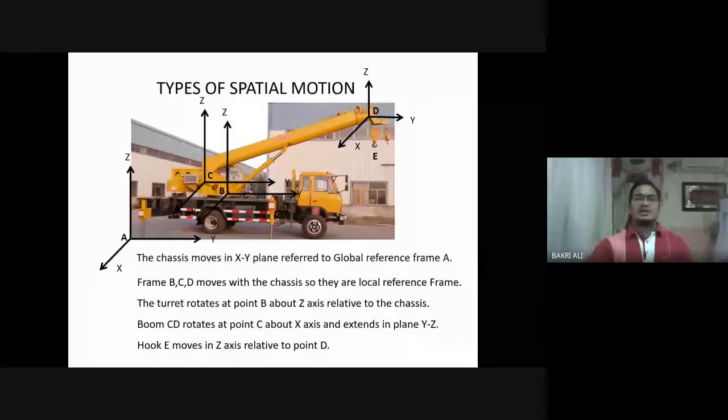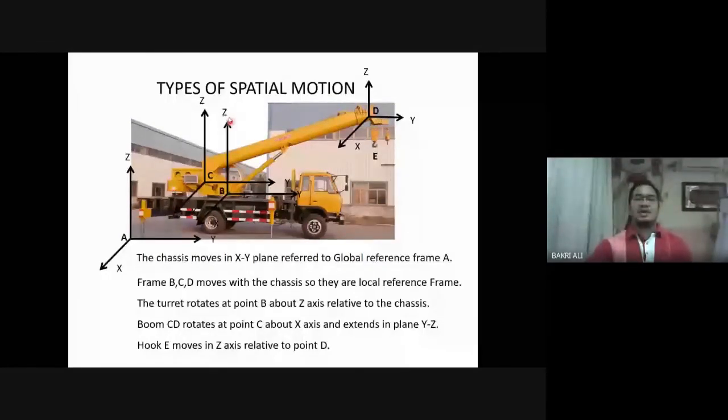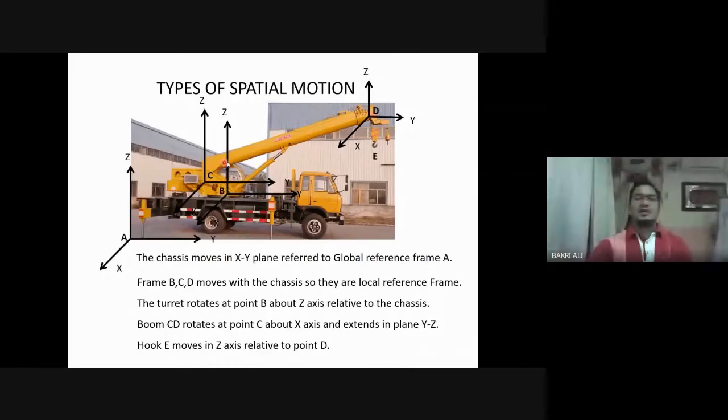But the crane on the truck, since it can move with the truck in 2D motion, can also rotate about the vertical axis, the Z axis. So this is the first local reference axis, because the crane can rotate about this. In this case, we can put a similar orientation of X, Y, and Z. From this first joint, there is another boom section which can move up and down in the YZ plane or XZ plane.